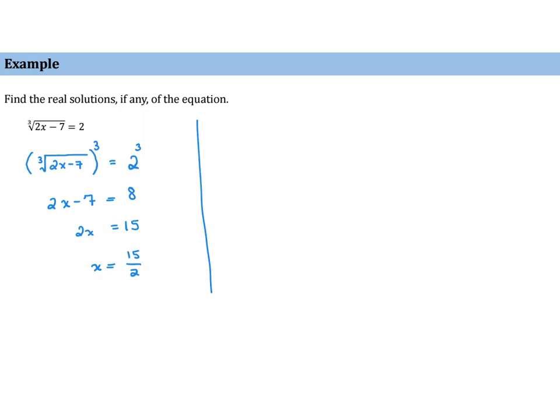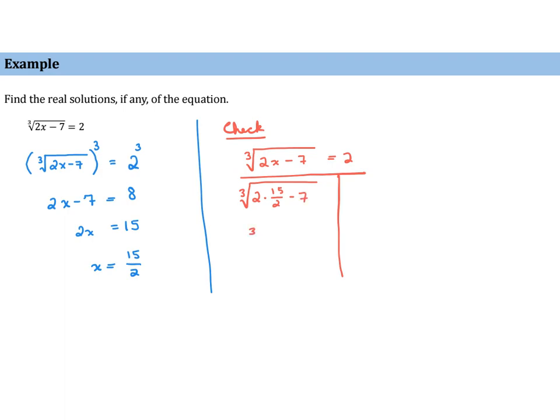Let's check our work. Substituting 15 halves in for x, we have 2 times 15 halves minus 7, which is going to yield the cube root of 8, which is indeed 2.